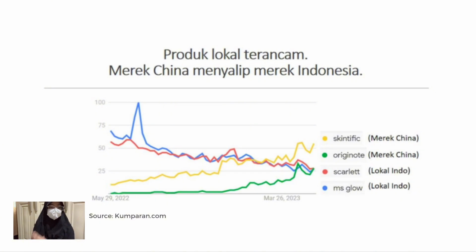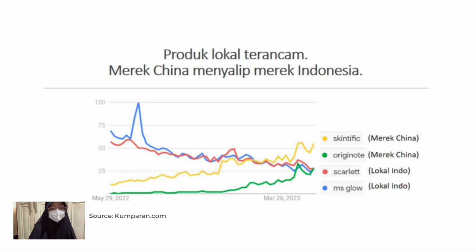Next, let's take a closer look at the second diagram, which presents a line graph tracking search trends for four skincare brands over the period from May 2022 to March 2023. This graph provides valuable insights into consumer interest in these brands over time.